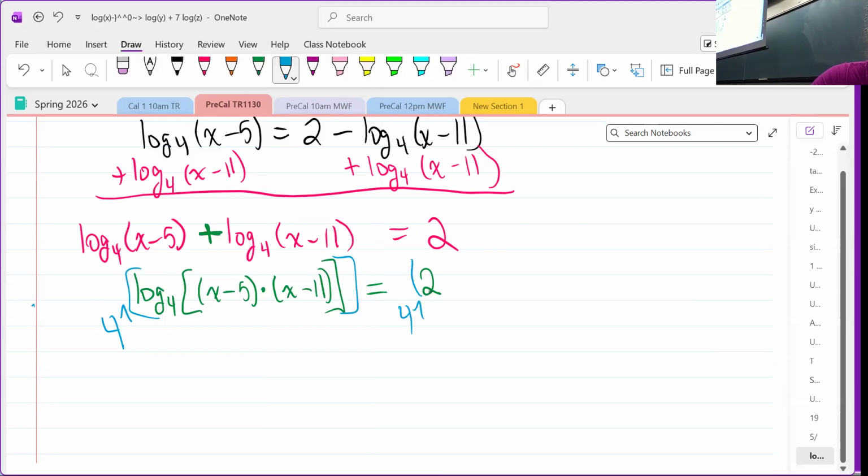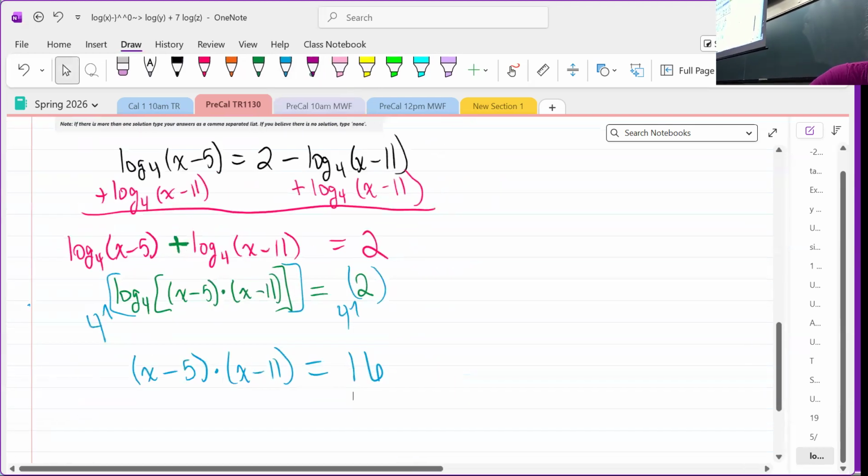Or you can rewrite it as base 4 to the second power equals the inside of the logarithm. Now 4 raised to the second power, 4 times 4, is 16. So there is me using my handy dandy log properties and then my log exponential inverse property.